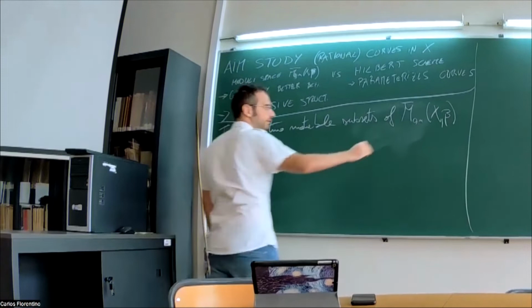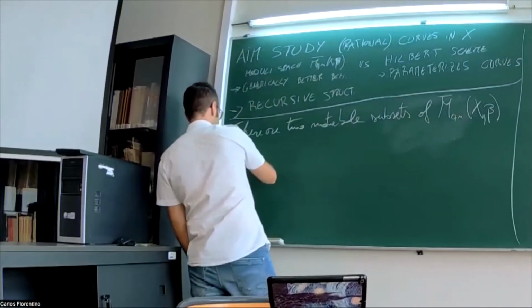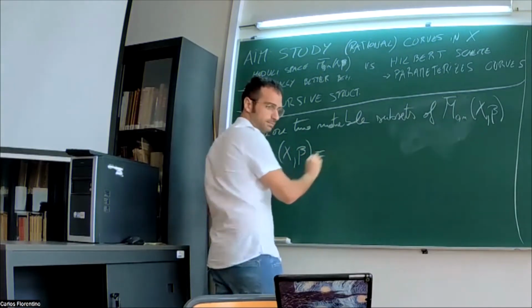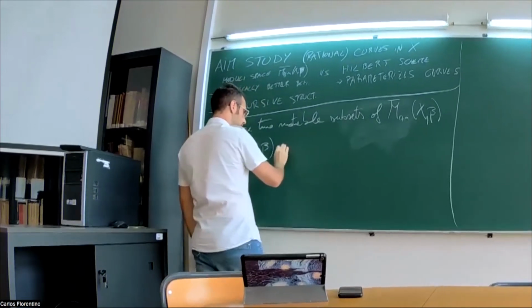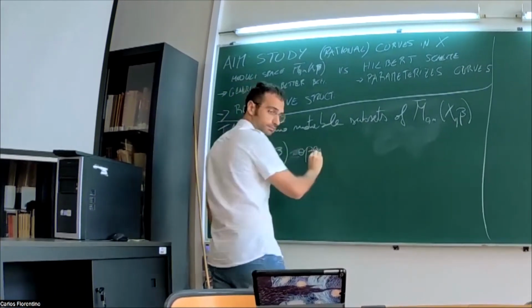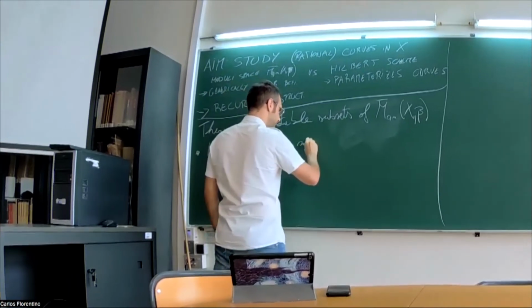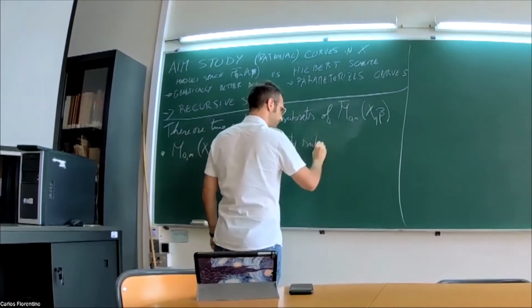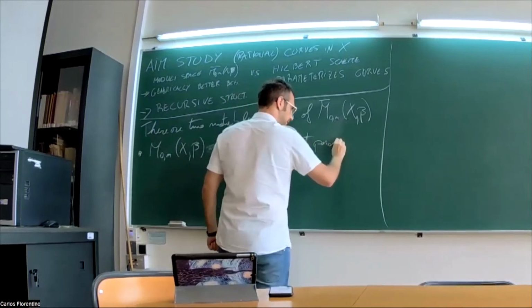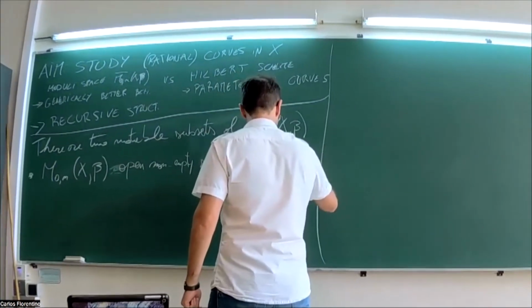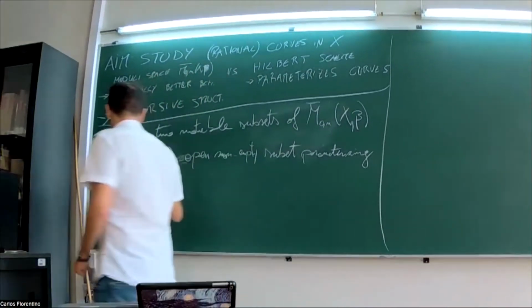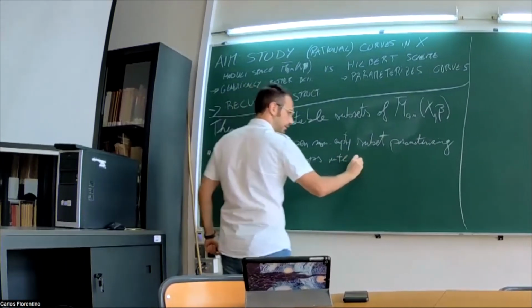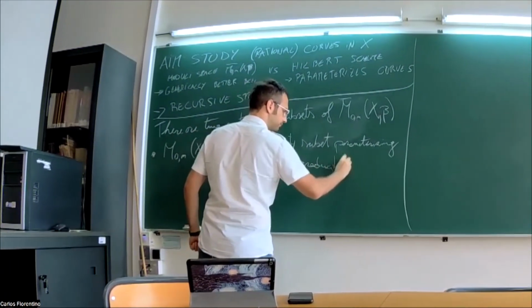The first one is this one without the bar. This is the open, non-empty subset parameterizing maps with irreducible domain.